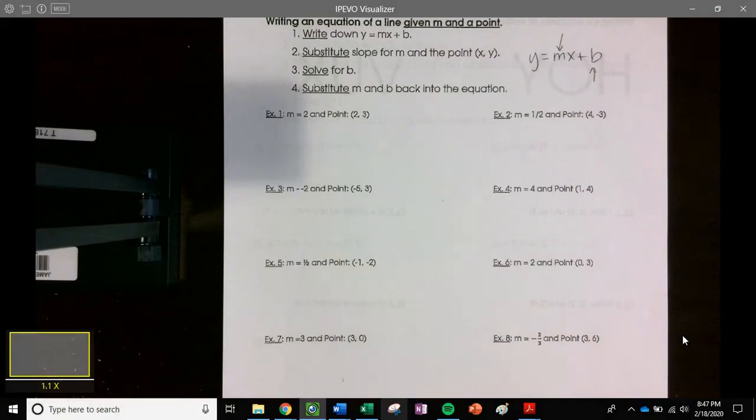There should not be numbers in place of x and y. So in this equation of your line, you're going to have two variables, y and x, and two numbers in place of m and b. You have to understand that concept to be able to utilize this method.